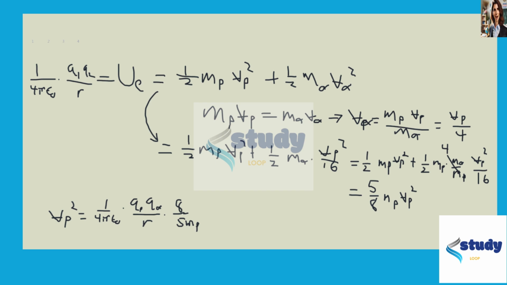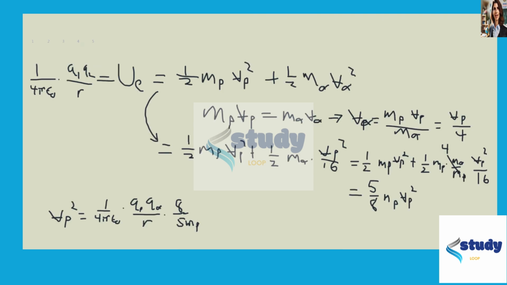Now all we need to do is plug in numbers. I'm going to go on to another slide to do that. So Vp equals the square root, some of that went off the screen, of 1/4 pi epsilon naught times, again, our product of the charges, not the product of the masses.